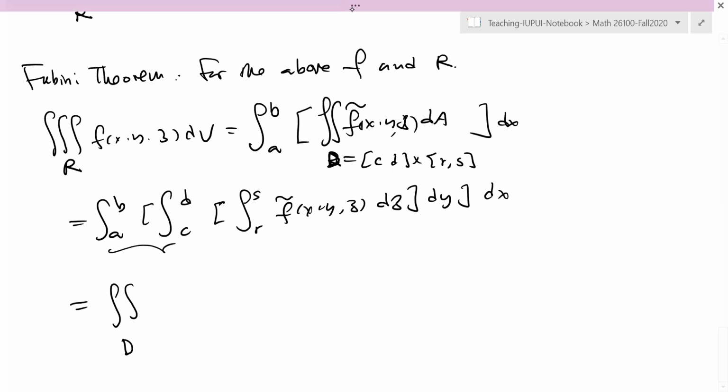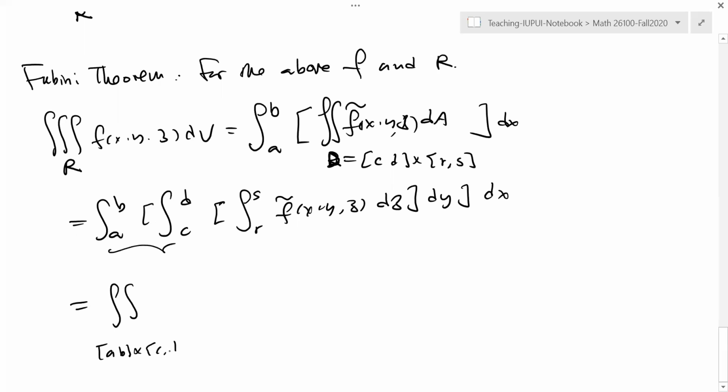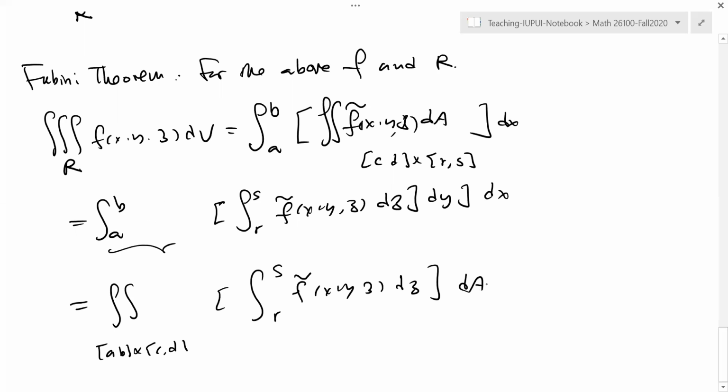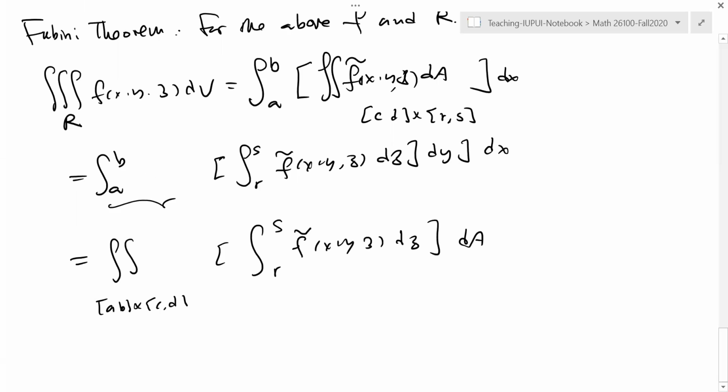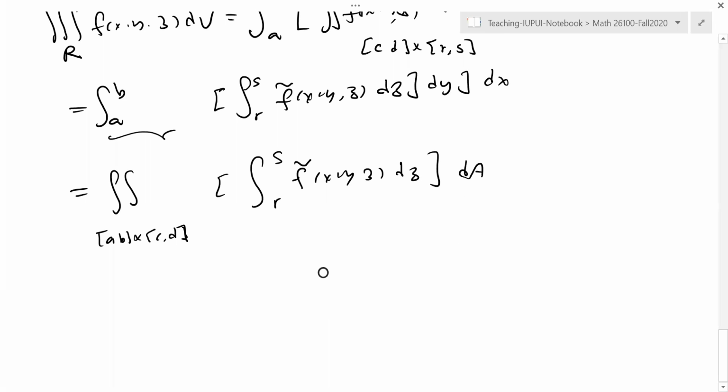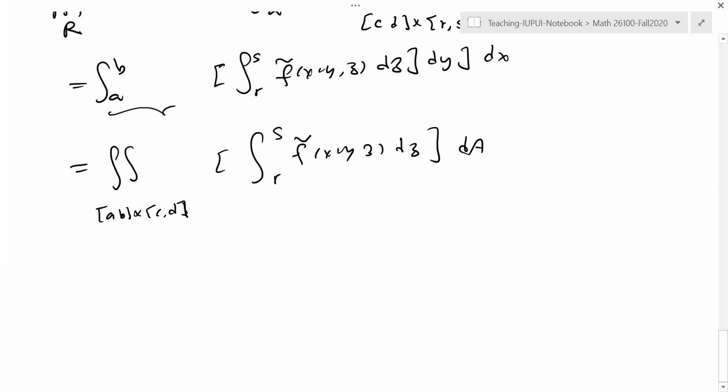I'm not going to use d here, just use the interval directly. The domain will be AB cross CD. That's the domain. So dA is going to be dx dy. There are many ways to evaluate the triple integral using iterated integrals. Let's look at some examples.